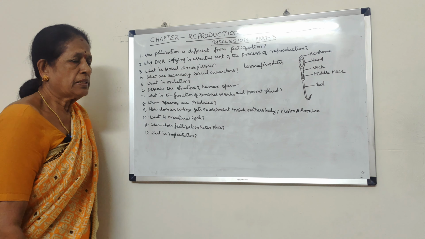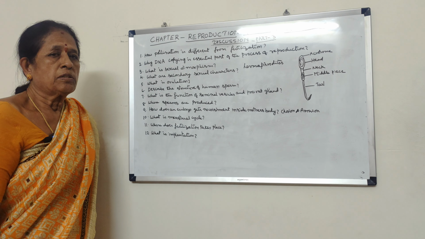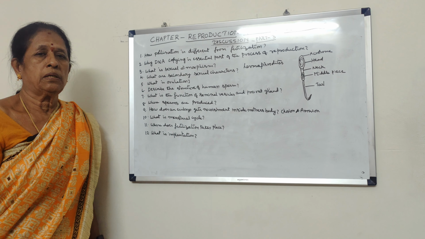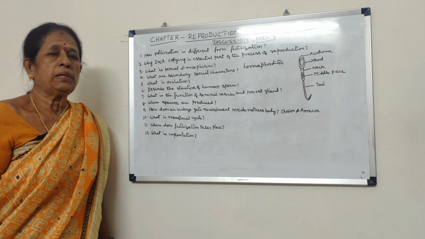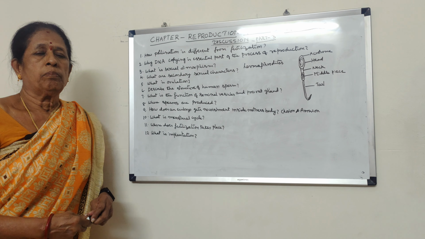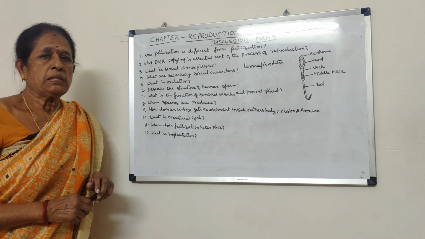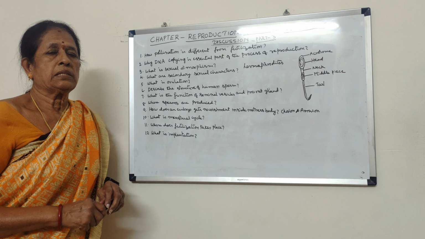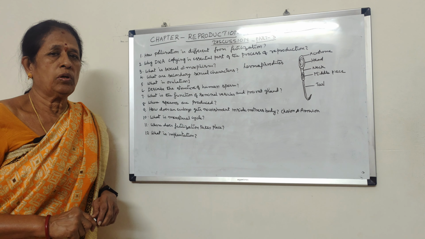Next, what is the menstrual cycle? So in the human female reproductive system, a very small number of ova are produced. Two ovaries are present in the abdominal cavity on either side of the vertebral column, and one ovary produces one ovum. That means in the ovary there are sac-like structures which are called ovarian follicles or Graafian follicles.